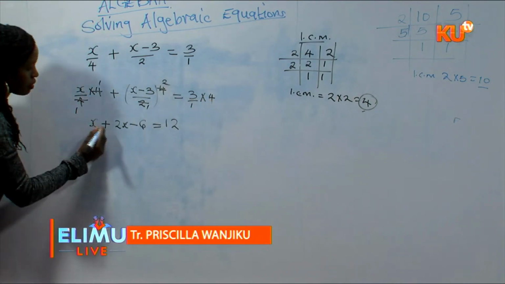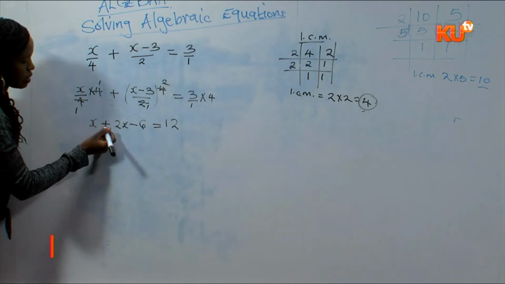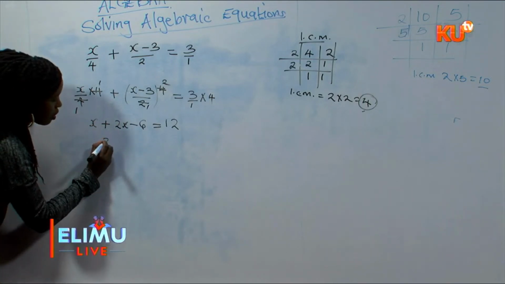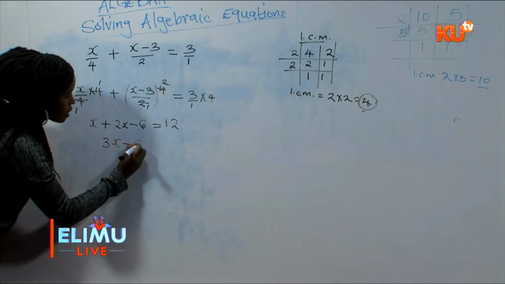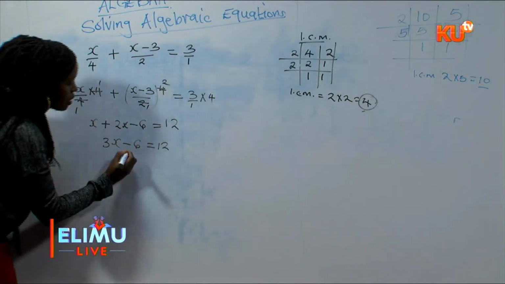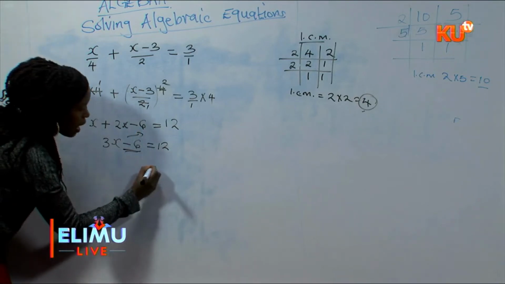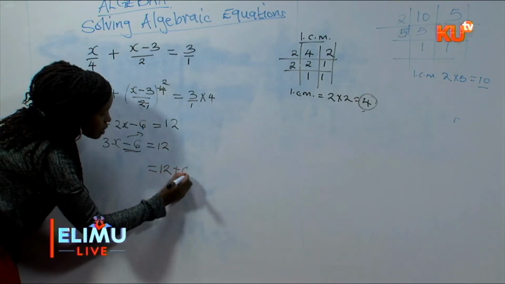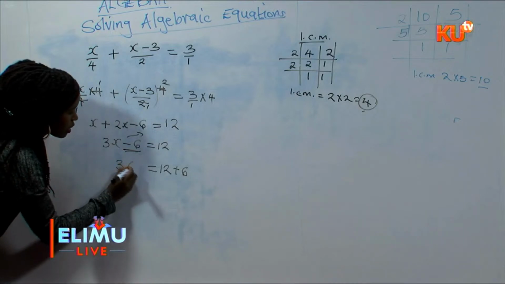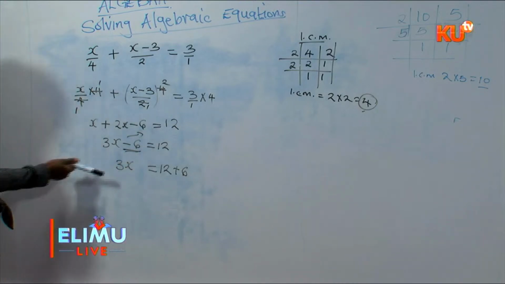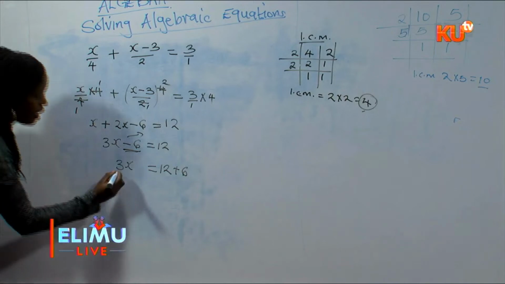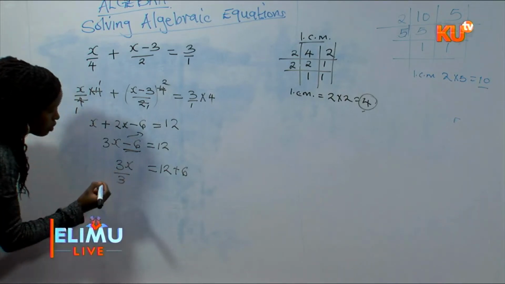From there, we can now put the like terms together. X plus 2x, we get 3x minus 6 is equal to 12. I remove this 6 by taking it to the other side. I get 12 plus 6 is equal to 3x. I want to get the value of x, so I divide by 3 on both sides.